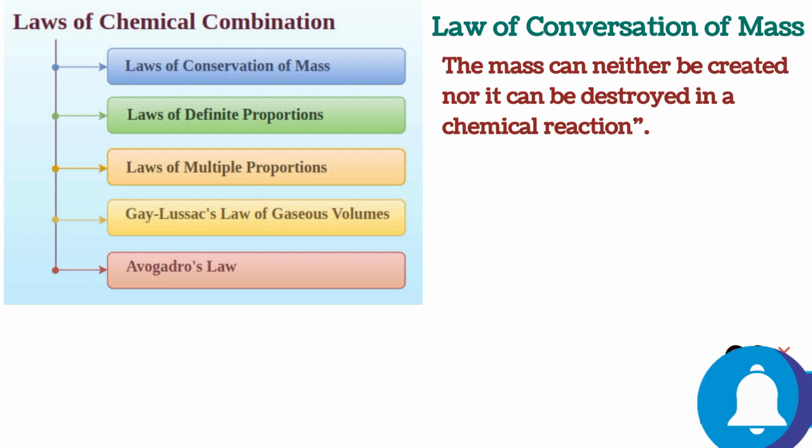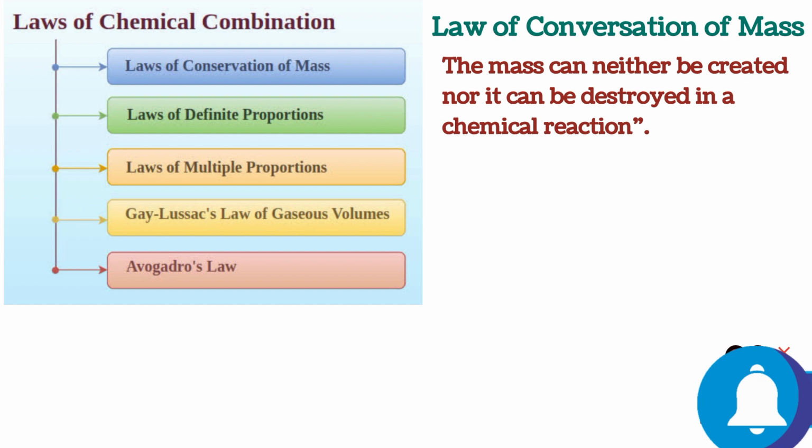So the mass can neither be created nor destroyed in a chemical reaction. So generally in a chemical reaction, especially in a closed system or isolated system, the mass can neither be created nor destroyed, meaning that the mass of the reactants is always equal to the mass of the products.